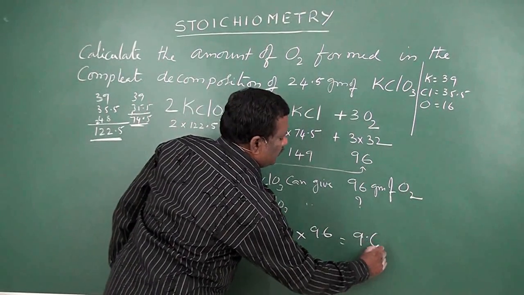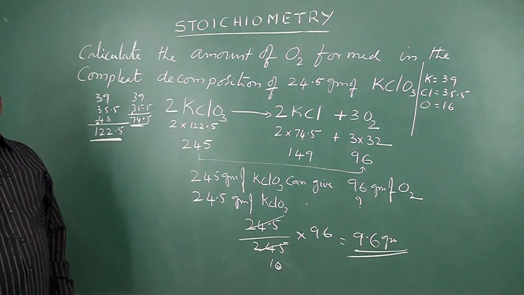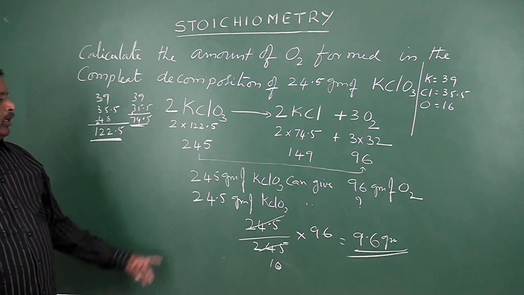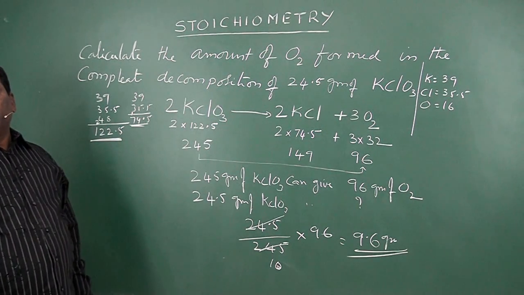That is 9.6 grams. This will be the amount of O2 that can be formed in the complete decomposition of 24.5 grams of KClO3.